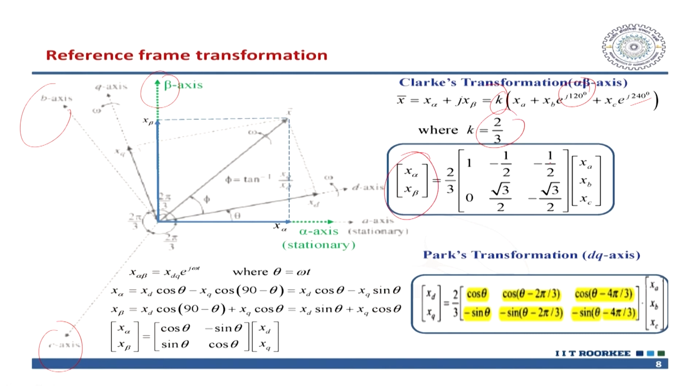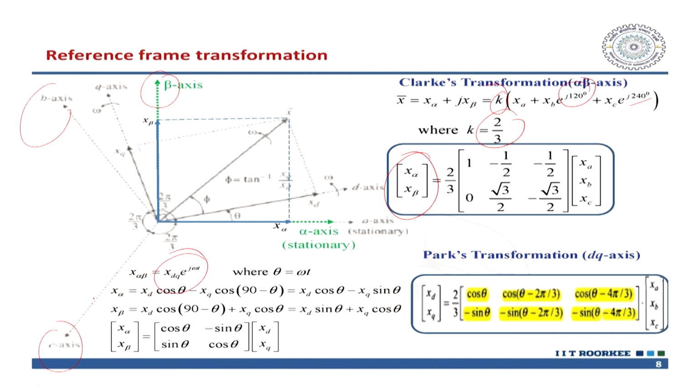So, you can get this transformation in this way. It may be voltage or current, anything. This transformation is called the Clarke transformation.